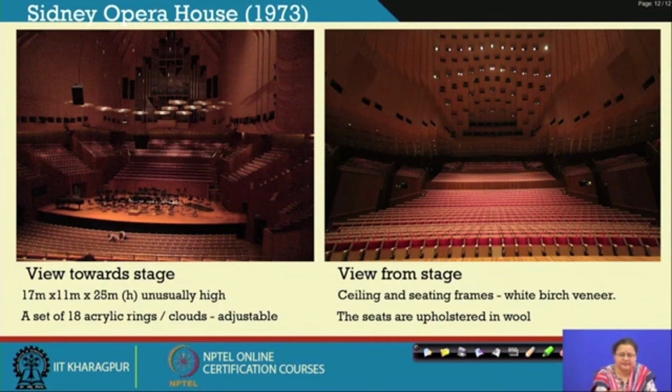These acrylic clouds were later changed and put with infills. Rectangular reflectors were put in, various experiments were done, height was adjusted, and things are still being tried out to achieve a better sound quality. All the seats over here are upholstered in wool.